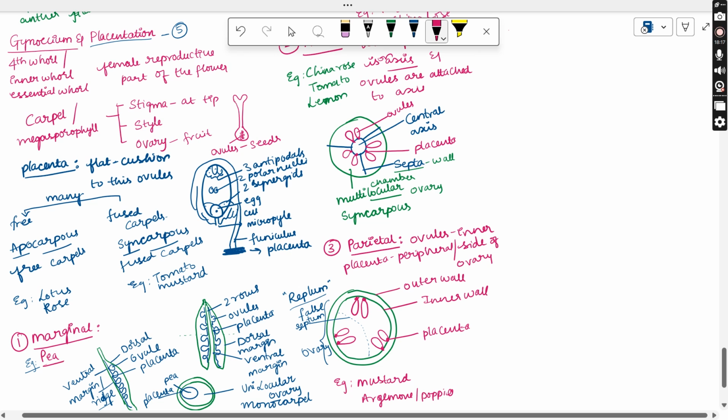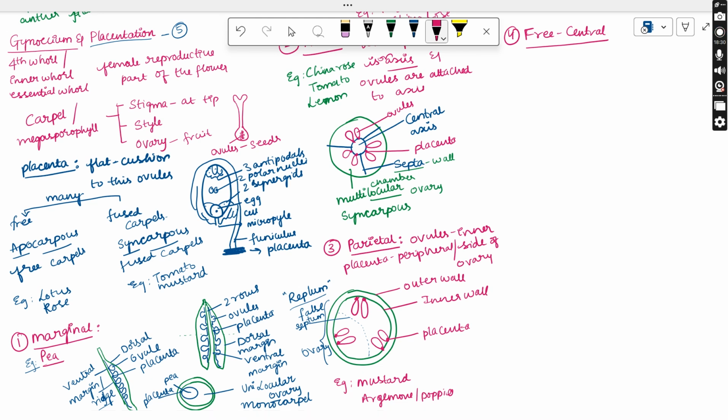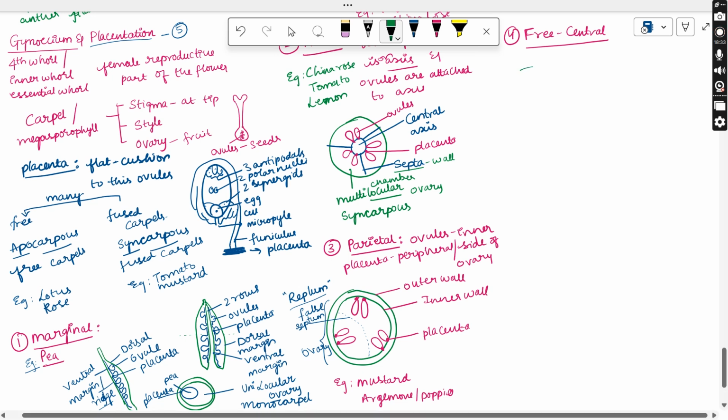The next type of placentation is free central. Here the term indicates that all the ovules are borne on the central axis and you cannot find any septa. Suppose this whole structure is an ovary and it has a central axis.